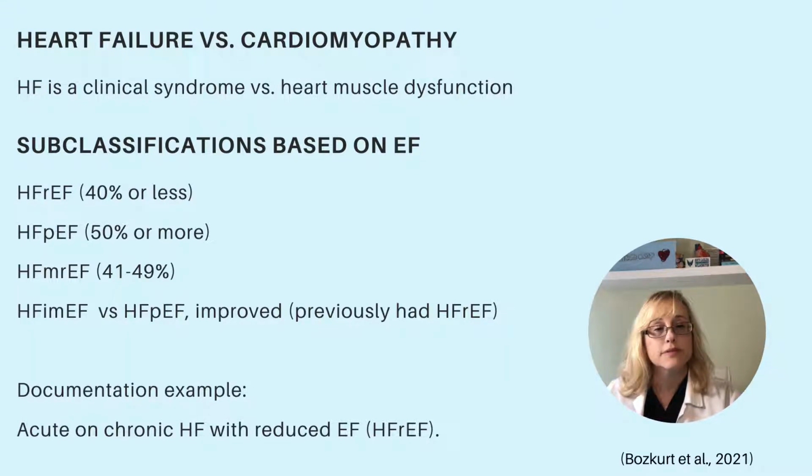The subclassification based on ejection fraction is HFrEF, which is an EF of 40% or less; HFpEF, which is 50% or more; HF mid-range EF, 41 to 49%; and another category that is improved, written as HFpEF improved or HFimpEF. And here's a documentation example: acute on chronic heart failure with reduced EF.